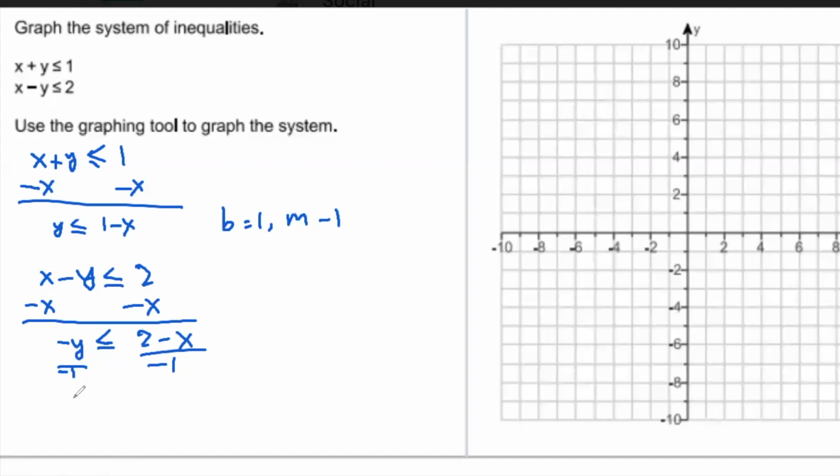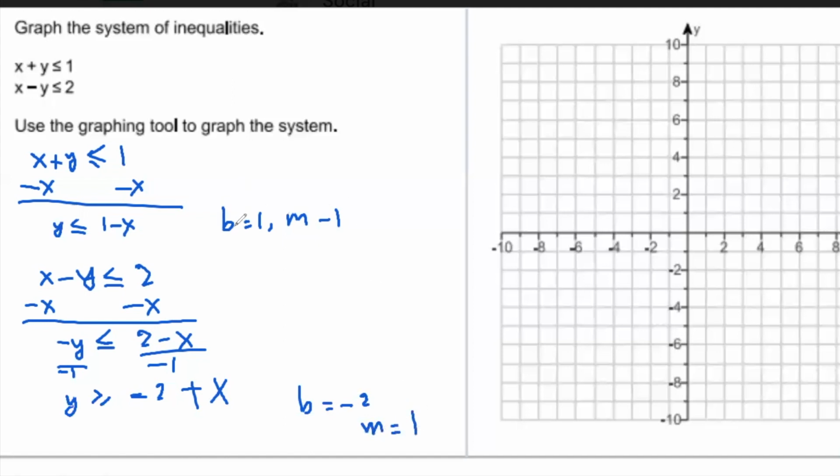So this will become a positive y, and this inequality will switch to more than or equal to, and then we have negative 2 here and positive x. So this negative times a positive is a negative, this negative times negative is a positive. So again we get b equal to negative 2 and m equal to 1.